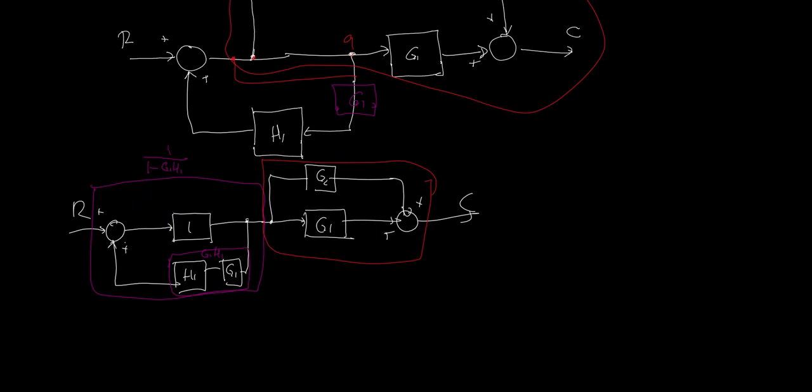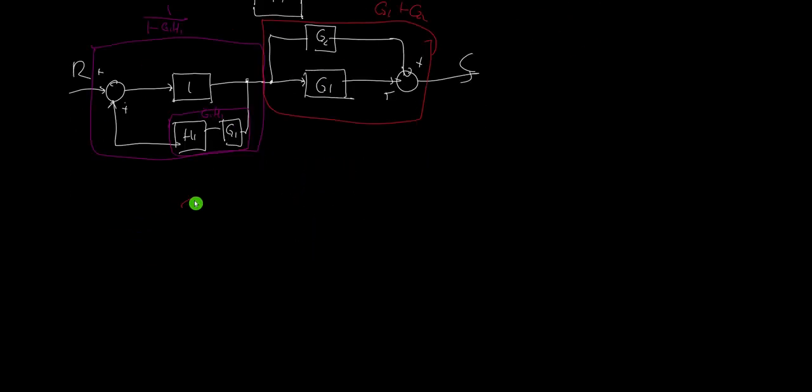And for the red one, this is not a canonical form. It's parallel blocks. The two of them are parallel. If they are parallel, like what we did before, we just add them. So this is equivalent to G1 plus G2. And these are two blocks that are cascaded. To solve for C over R, we just multiply them.